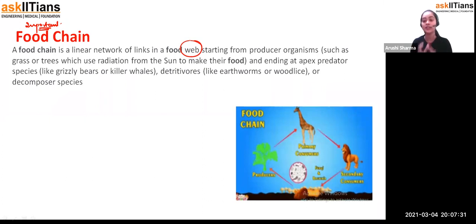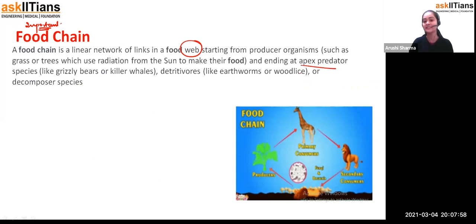Starting from the producer, because if the producers are not there, how are we consuming them? Producers such as grass and trees use radiation from the sun to make their food. Exactly. I have told you that plants require sunlight for their photosynthesis process. That's how, students, the food chain starts from the producers and ends at the apex predator.